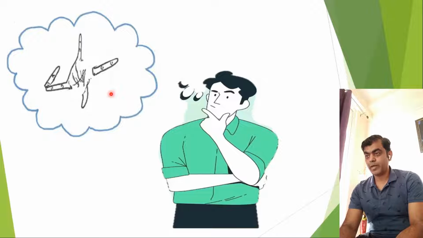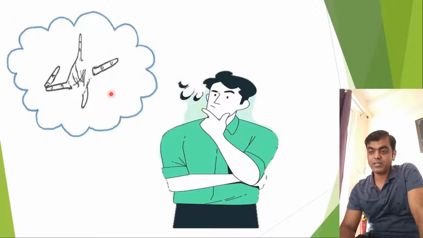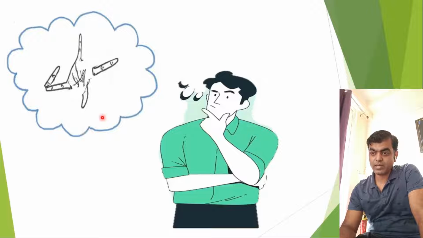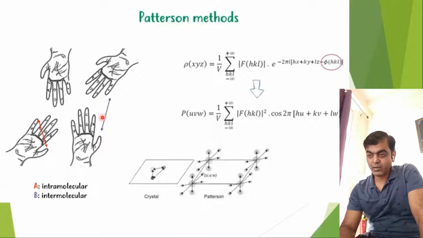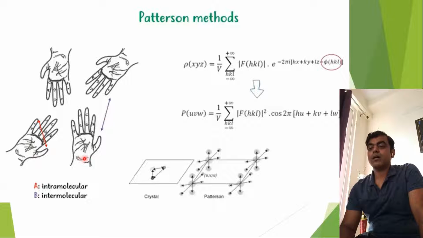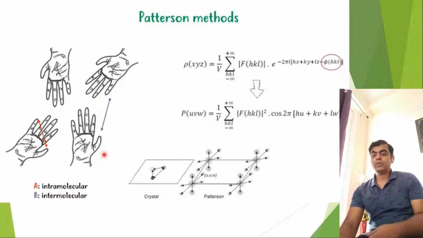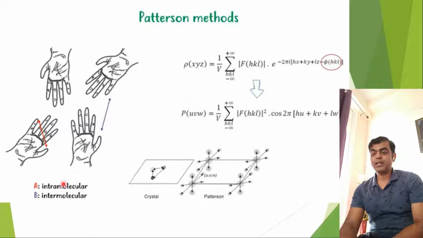So that is what the Patterson method says, that once we have the hand, you see it's rotating. This hand has moved from here, now this has moved on an angular basis. What we see here is basically intramolecular and intermolecular changes.